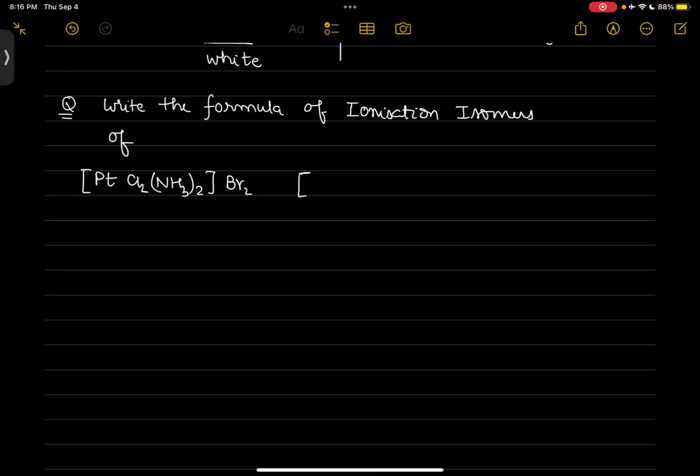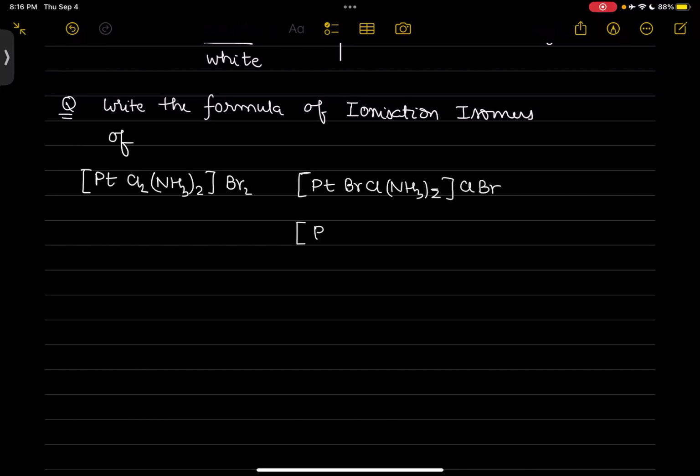So Pt, Br, Cl: I will exchange one Br with one Cl, giving [PtBrCl(NH3)2]ClBr with Cl and Br outside the square bracket.